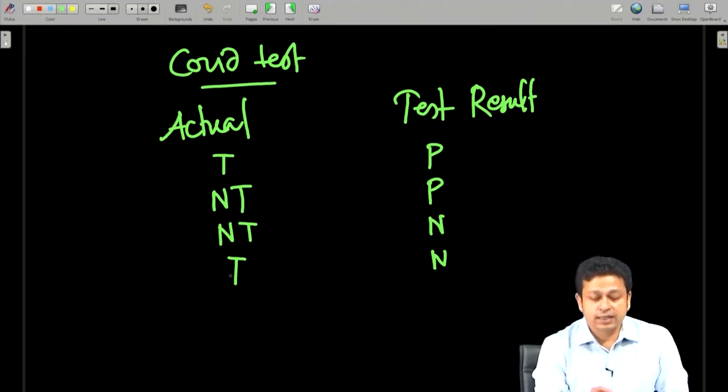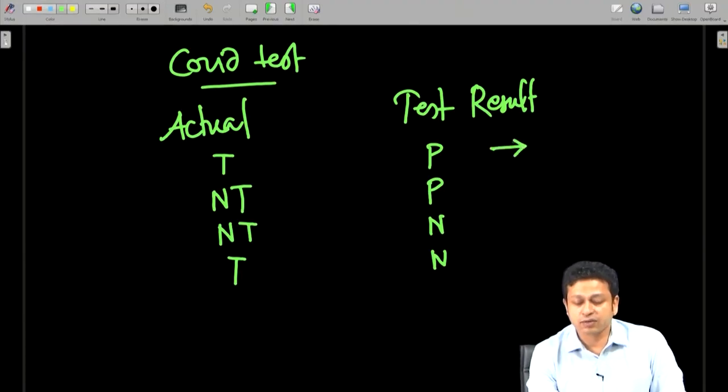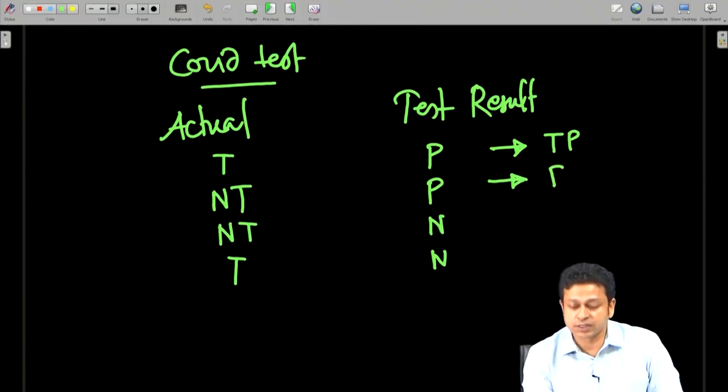Now we will try to see what I just wrote down here. In the first case, I had COVID and I am tested positive. So, it is true positive. In the second case, I actually did not have COVID, but I am tested positive. So, the premise is false. This is a false positive case.